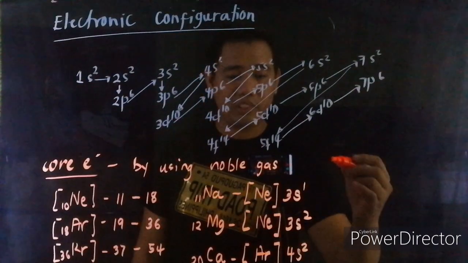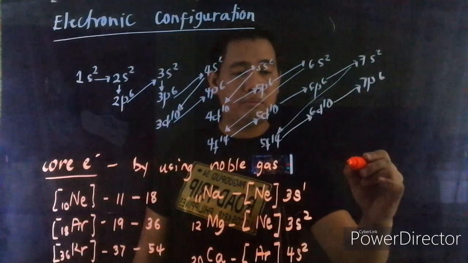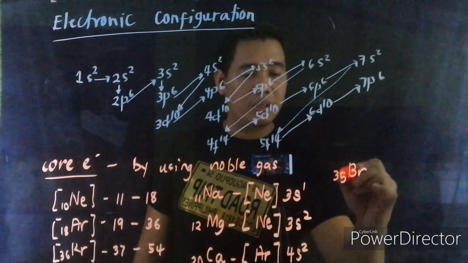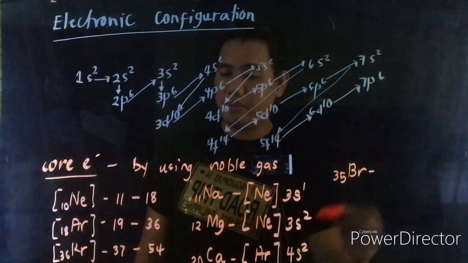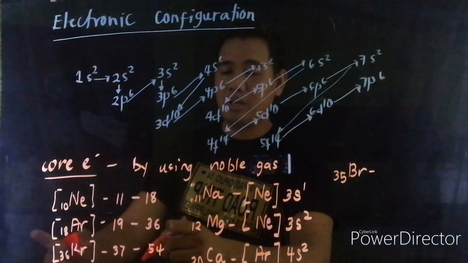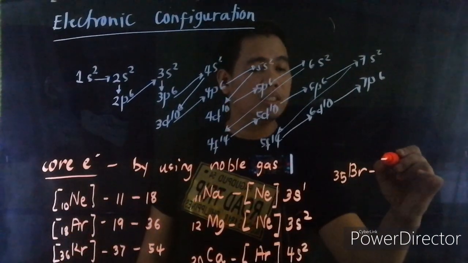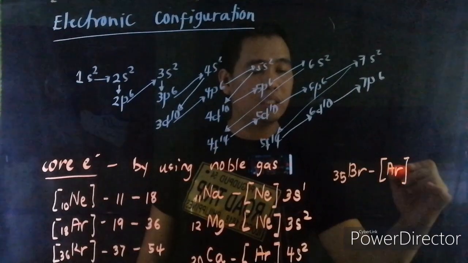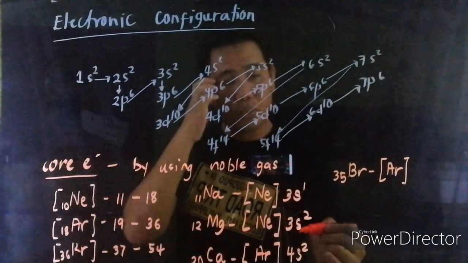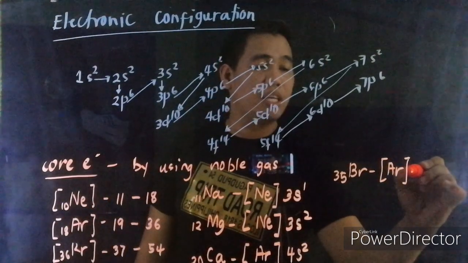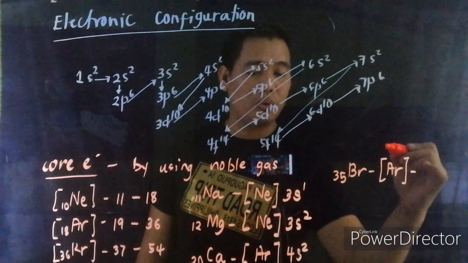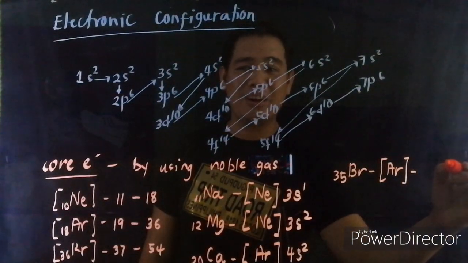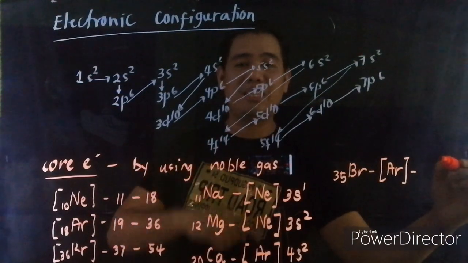Next, we have bromine. Let's have a complicated one. So 35. So we will use argon. So argon is 18. So we need 17 more. Can we just write 17? No. So what is 17 there?